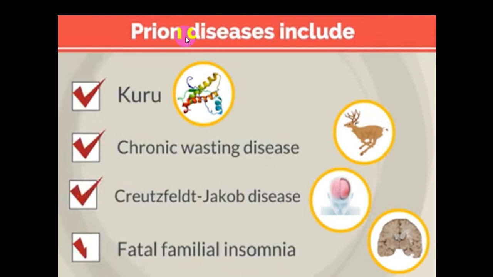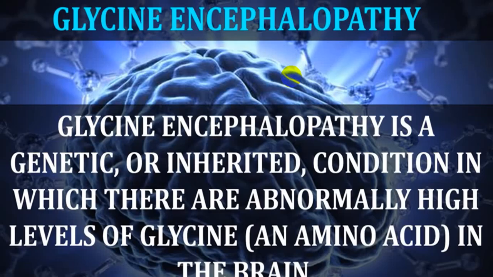Some of the conditions which produce such disorders are Kuru, chronic wasting disease, Creutzfeldt-Jakob disease, in short CJD, and fatal familial insomnia. These are some of the disorders where prion levels are abnormal in the brain, and that will produce encephalopathy.